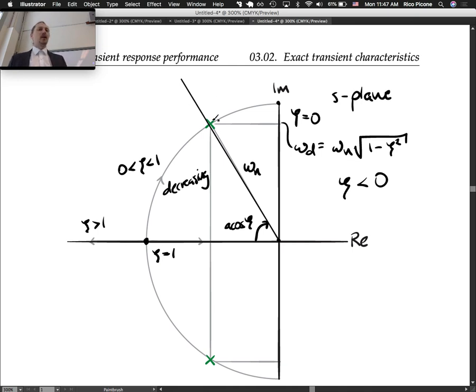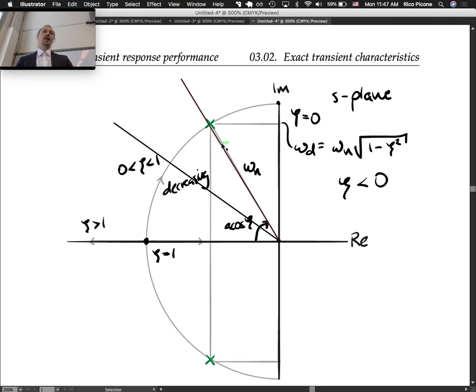You're going to have to increase your zeta, which is to say move to a line that's closer to the negative real axis, that has a smaller angle between the negative real axis and a ray going from the origin through the pole. So I'm talking like this, like we're going to be able to move these things around, because that's exactly what we're going to do with our closed loop system.